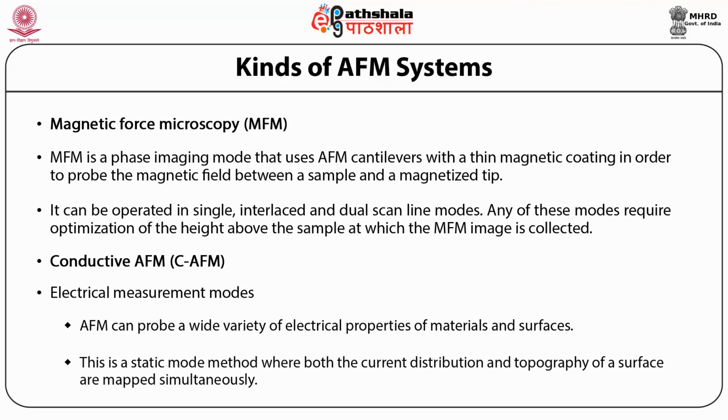This is a static mode method where both the current distribution and topography of a surface are mapped simultaneously. It is similar to scanning tunneling microscopy, as in both modes a bias voltage is applied between tip and sample, and the tunneling current is measured between the two.